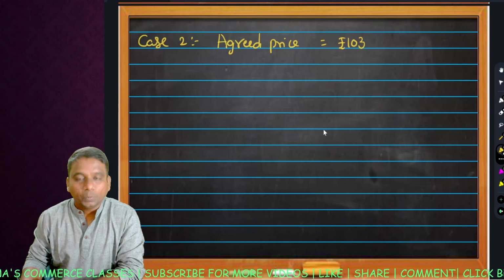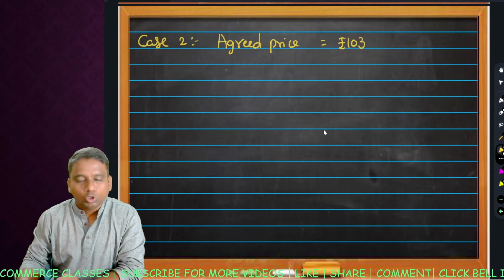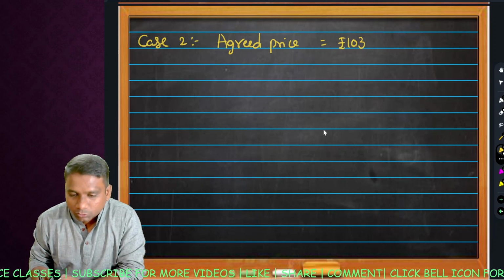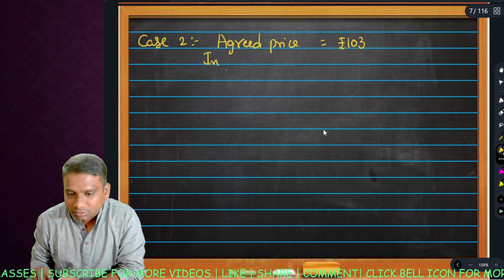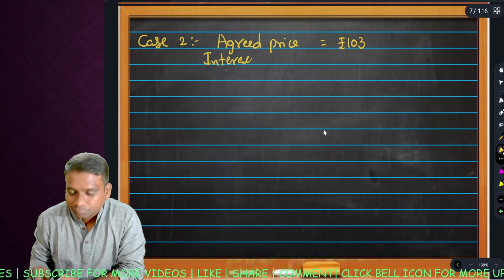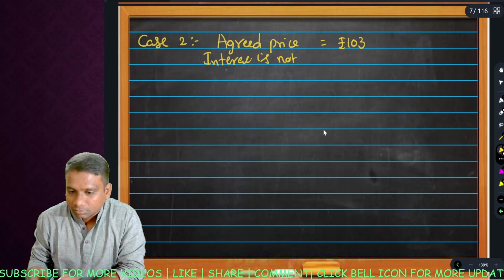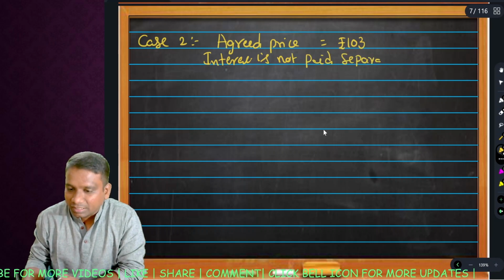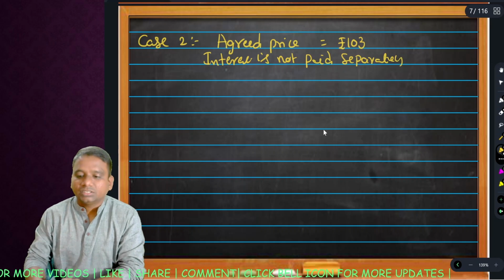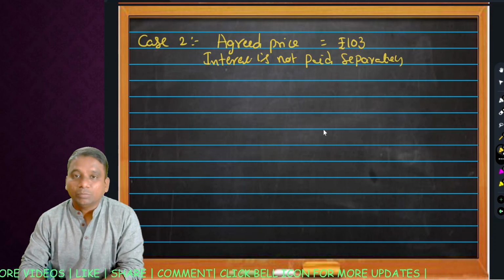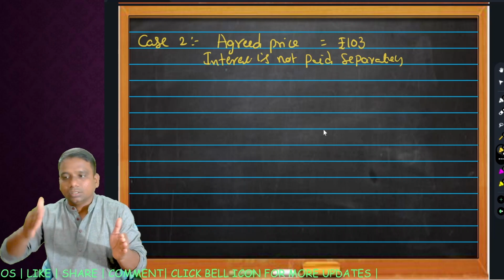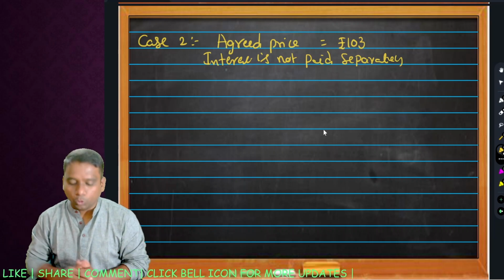Now price rupees 103. Now you tell me, does this 103 include interest? Okay, right. So interest is not paid separately. That means what? Out of these 103 rupees, we have to separate interest portion and capital portion. Now look at it.